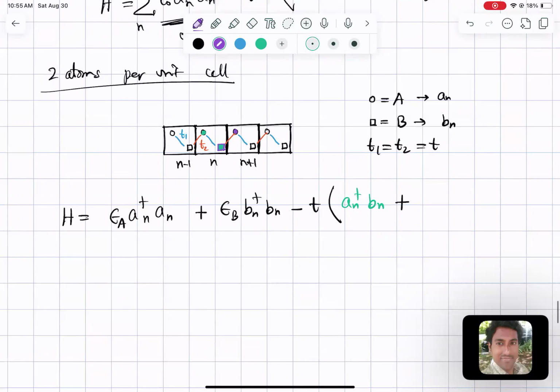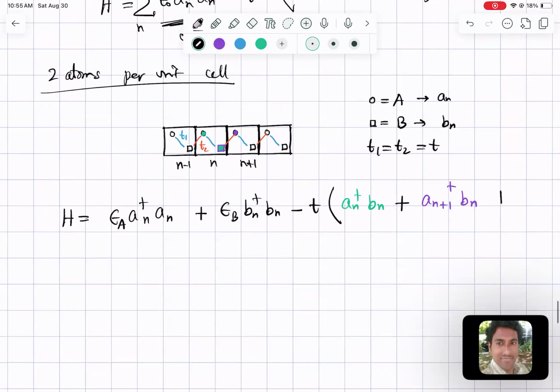So that would be A_(n+1) dagger B_n. Does it make sense? That's how I'm writing the interaction and the Hermitian conjugate of all these. You take two neighboring atoms and write their A dagger A, or A dagger B. Okay.